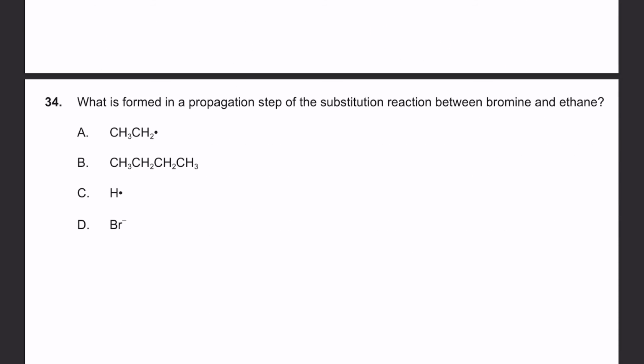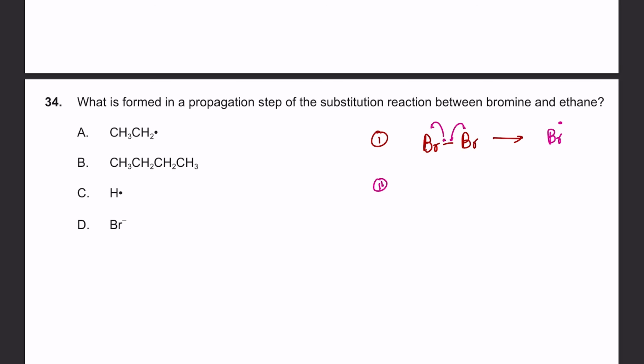In question 34, what is found in a propagation step of the substitution reaction between bromine and ethane? First is the initiation step, in which the bromine molecule undergoes homolytic fission, in which both these electrons come out and we have the bromine radical.